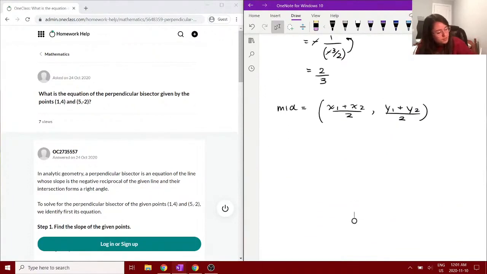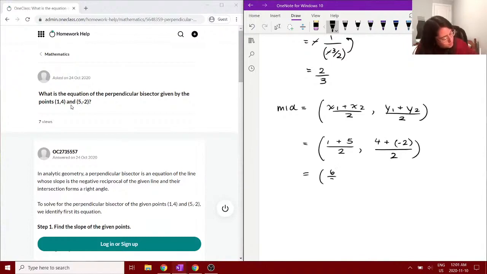And that will give you this point right in the middle that both lines share. We have the points given in the question, so I don't need to write them out again. Let's sub them in. x1 is 1 plus x2 is 5, divided by 2. y1 is 4 plus negative 2, divided by 2. Let's simplify.